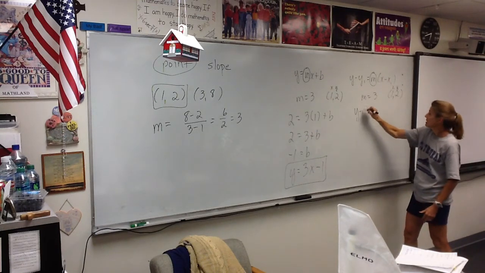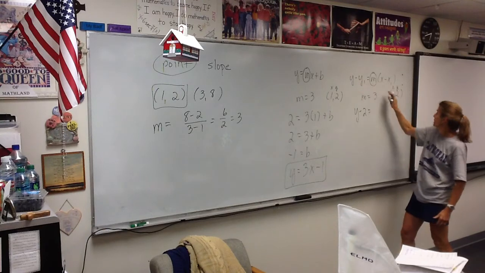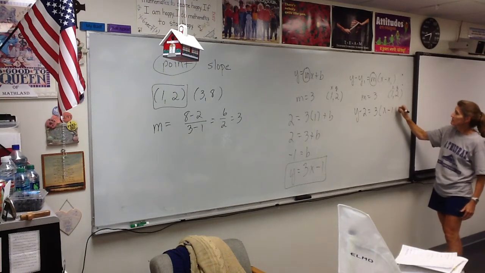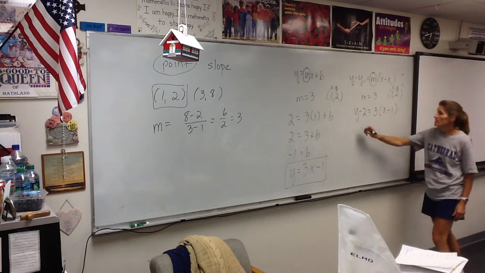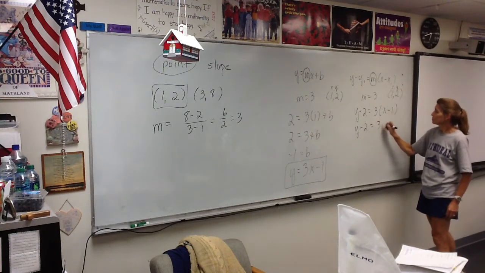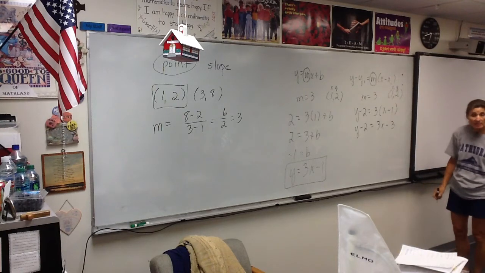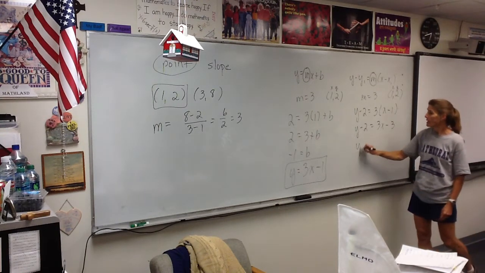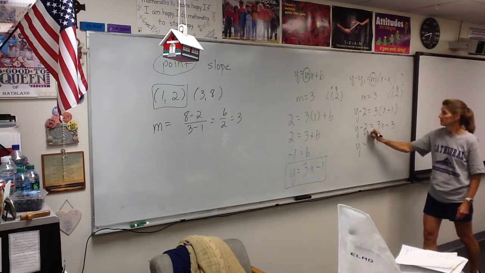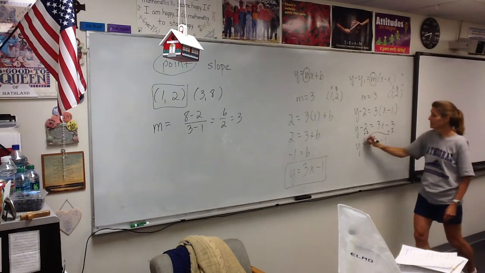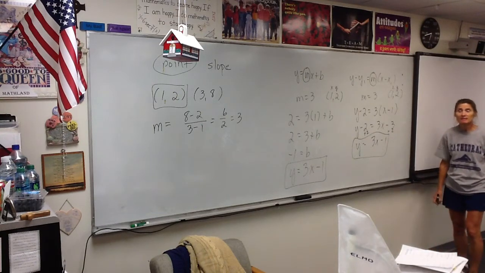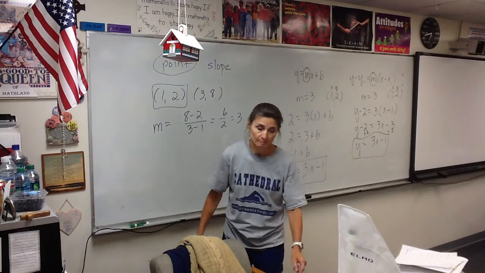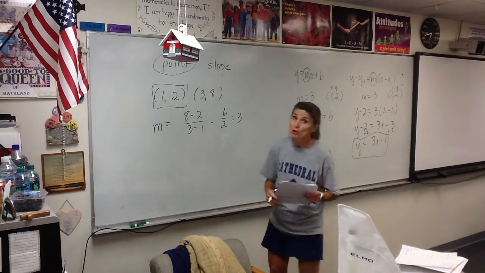So y minus 2, I'm plugging in right here, y1 is 2, equals 3 times x minus 1. So y minus 2 equals 3x minus 3 if I distribute. And lo and behold, y equals 3x minus 1. So I get the same exact answer no matter which way I do the problem. And that should always happen.